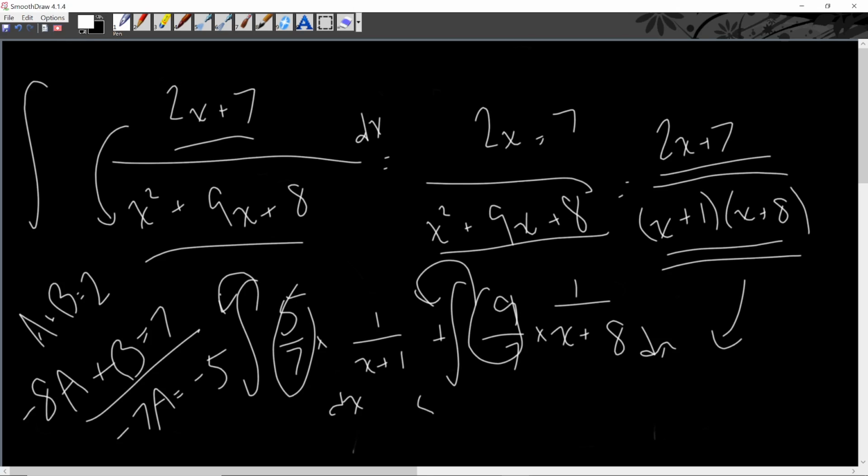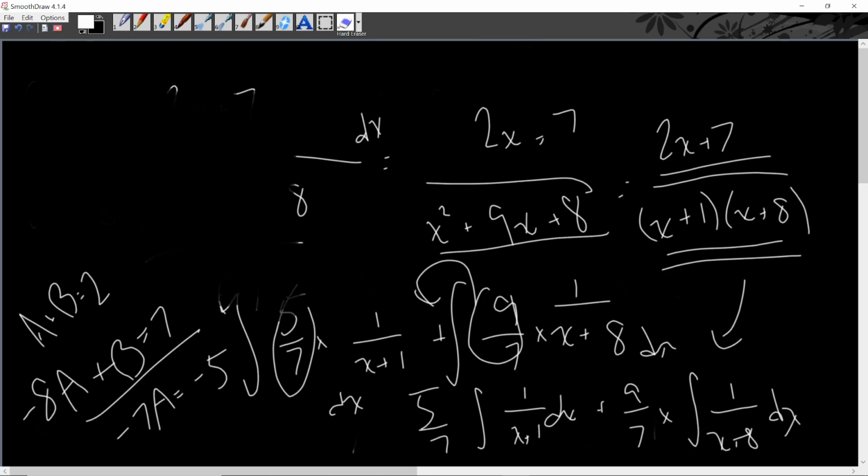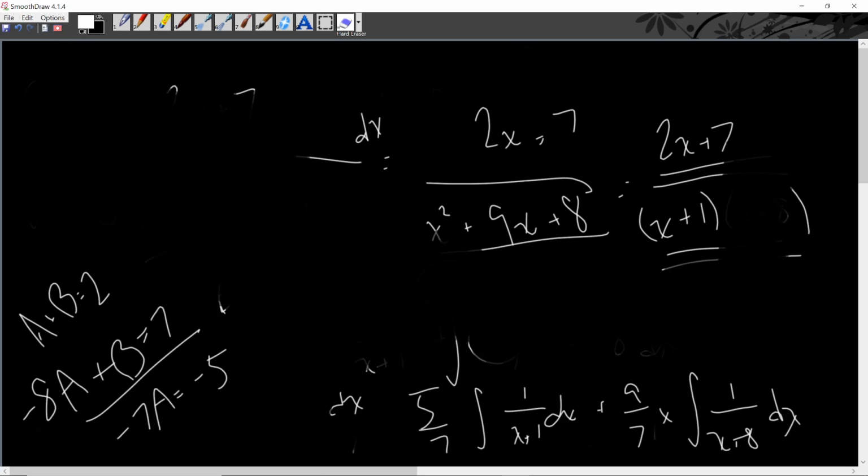We'll have 5 over 7 times the integral of 1 over x plus 1 dx, and then plus the 9 over 7 times the integral of 1 over x plus 8 with respect to x. And from here, we simply do some nice ln integration.